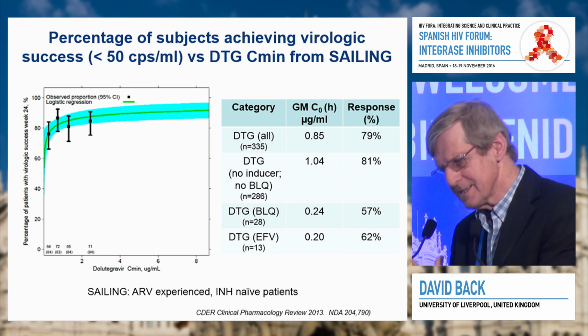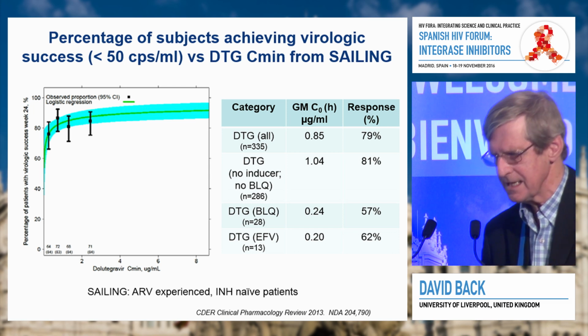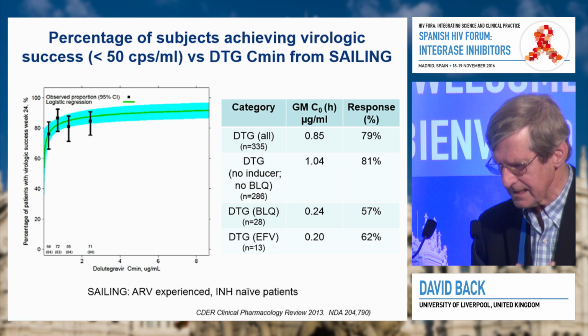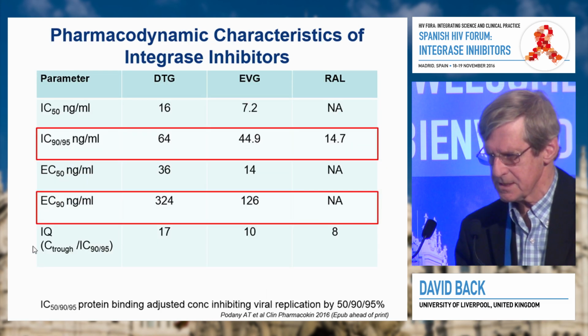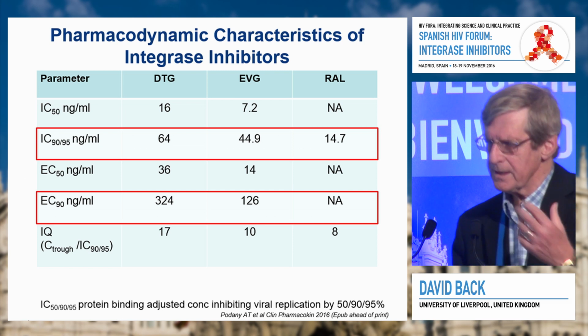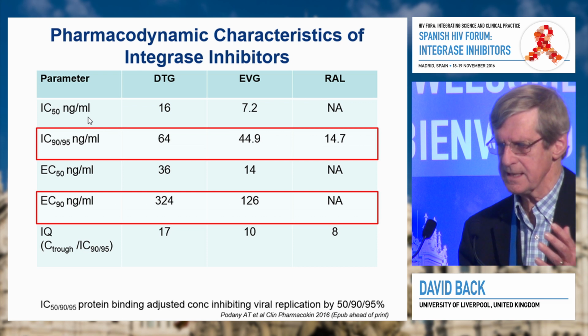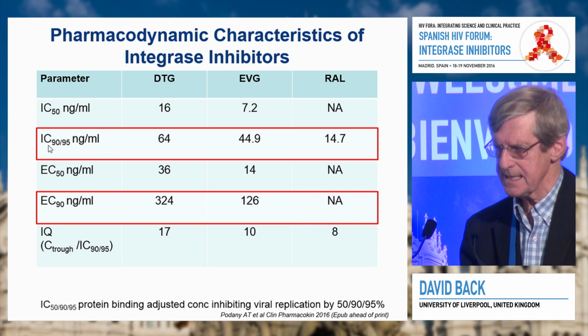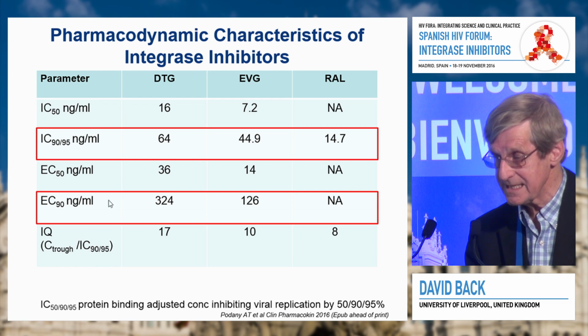So the question is the relationship between EC90 and protein-adjusted IC90 for clinical reality. So looking at all the integrase inhibitors, you can look in different publications and you can see IC50 values, or protein-adjusted IC50, protein-adjusted IC90, IC95, EC50, EC90.